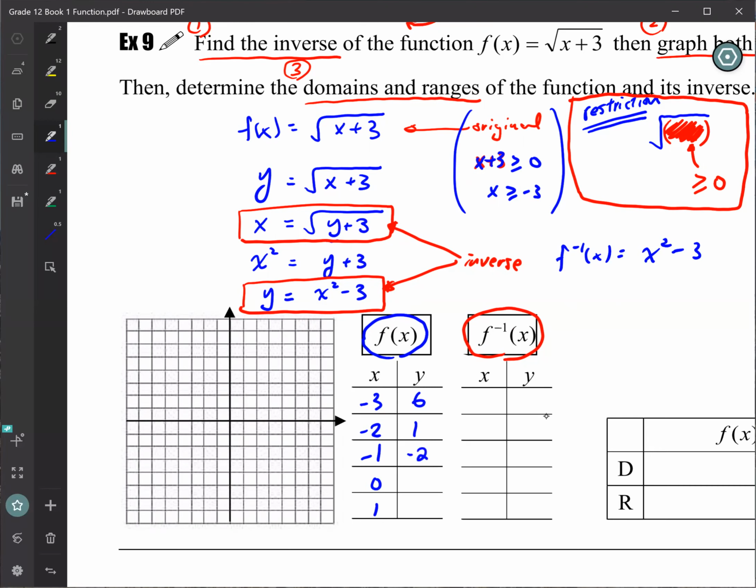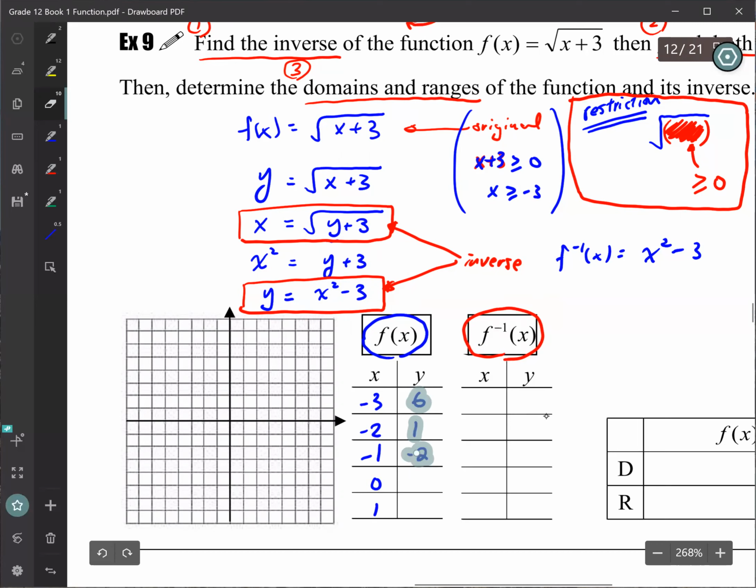We are graphing the blue one. Right? The blue one is the original. Do you know where to plug in, Donna? The original.